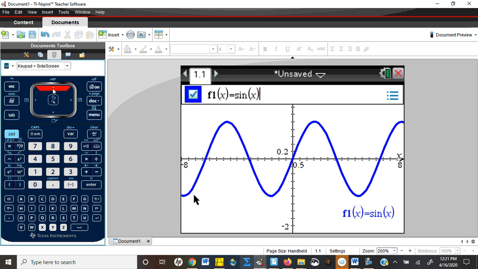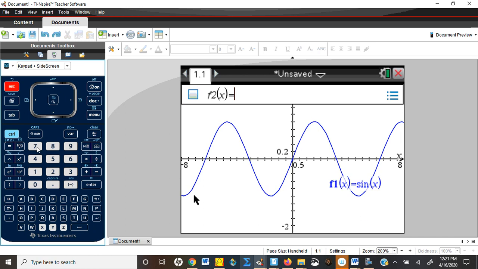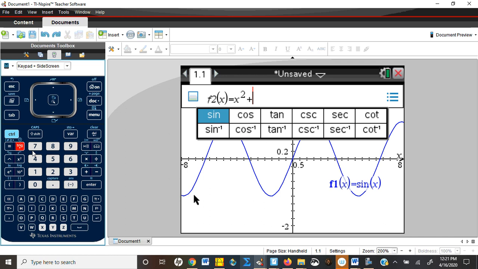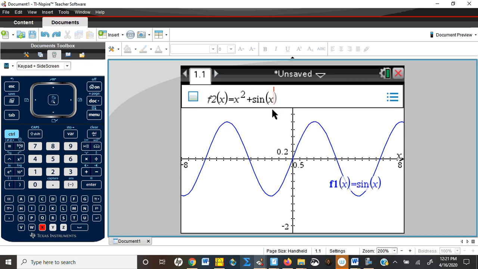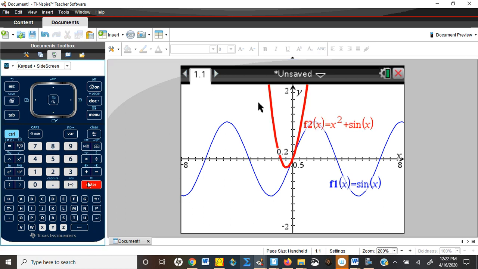Actually, I could just clear this equation out, and I'm going to type in our graph, the original function, which is x squared plus the sine of x. And you probably do want to check that you're in radian mode, and I am. So I'm good to go. So that's what that function looks like.